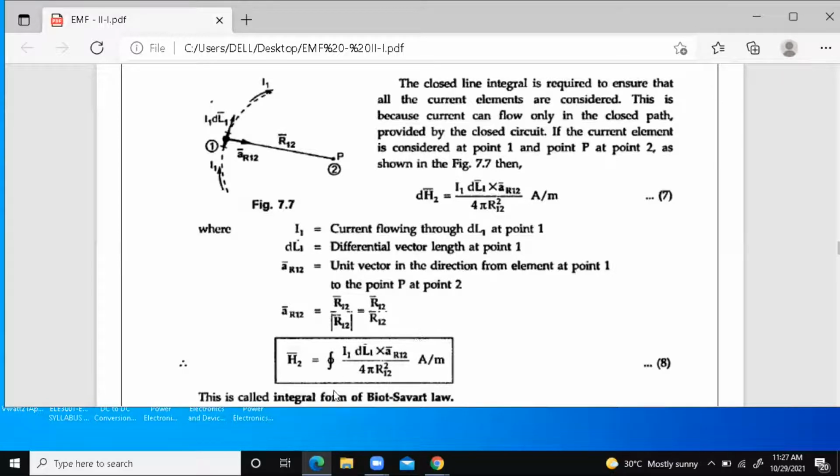So when you integrate, you are integrating over the entire circuit. You with me?